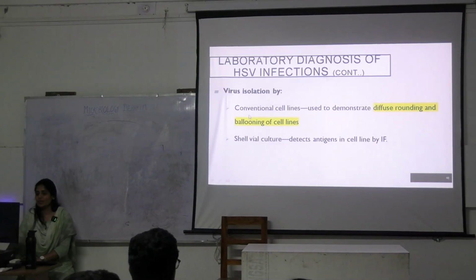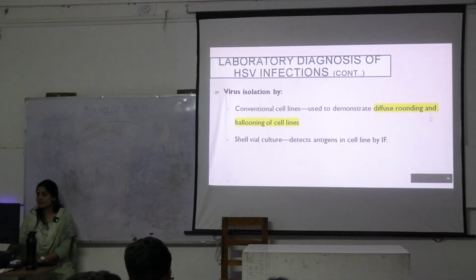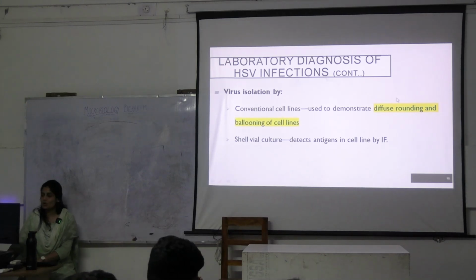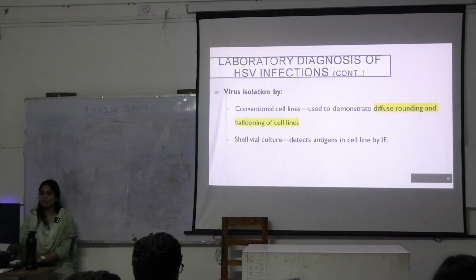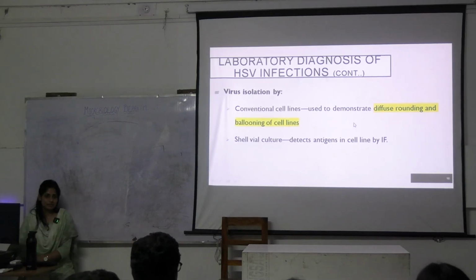Now virus isolation can be done by conventional cell lines. And what will you see on these cell lines? You will see diffuse rounding and ballooning of these cells. These normal cells will become ballooned and bigger in size.